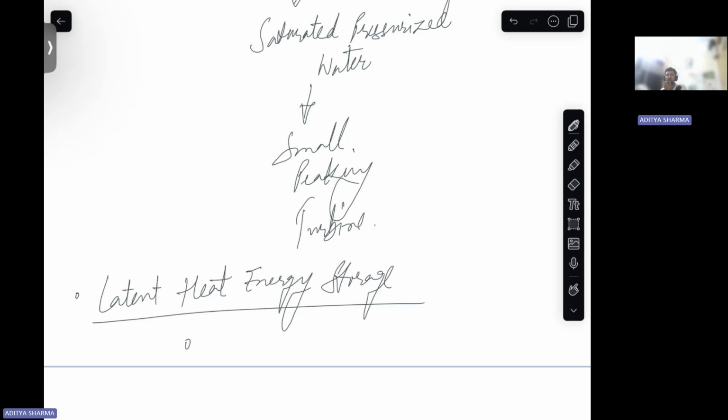And when we need energy from it, we will again bring it to a lower state. So if we have moved it from liquid to gaseous state and want to extract energy from it, we will change it from gaseous phase to liquid phase, and in this way we can use latent heat for energy storage purposes.